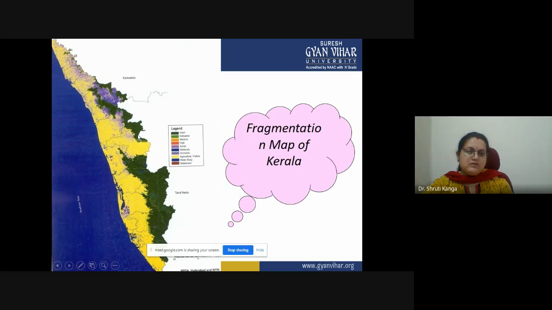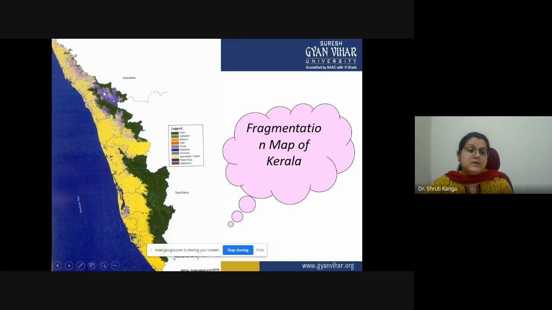So the areas which are in green, they are impacted areas, and wherever there is light green, those areas indicate where these fragmentations are about to happen, or have started happening. Now this orange color denotes minimum fragmentation, and wherever there is a red color, it denotes high fragmentation.